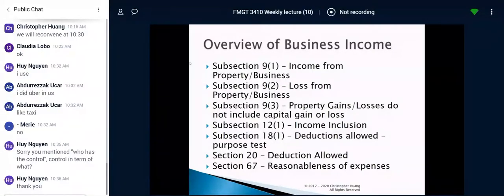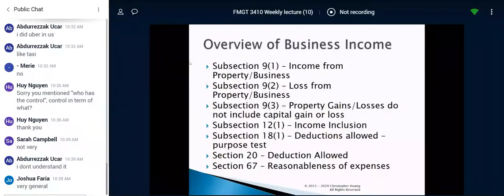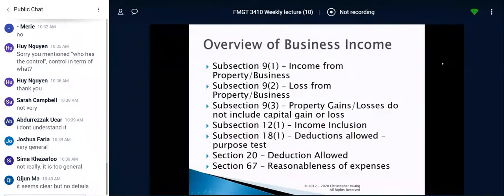Anyone? If you turn to the act, how helpful is this provision? Is this fairly easy to understand or fairly easy to apply? Too general.